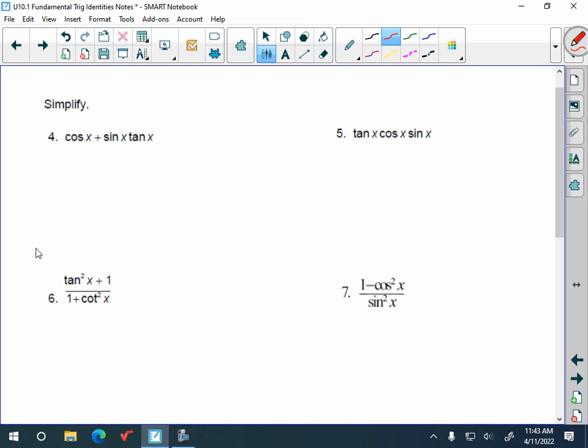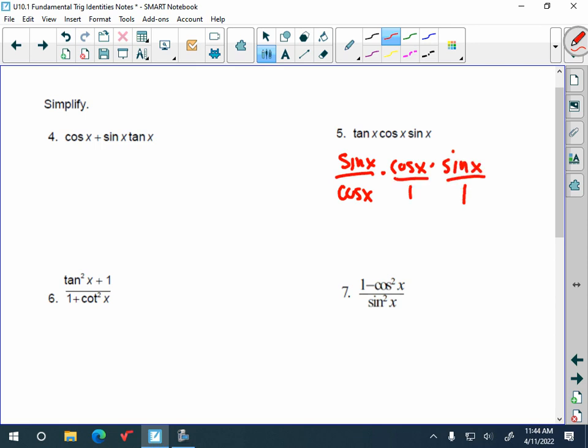Number 5 is pretty easy. Tangent x times cosine x times sine x. One strategy that you can use to simplify is change everything to sines and cosines, because you might be able to cancel something out. So tangent x, I can change to sine x over cosine x. Everything else is already in sines and cosines, so I'm not going to change those.